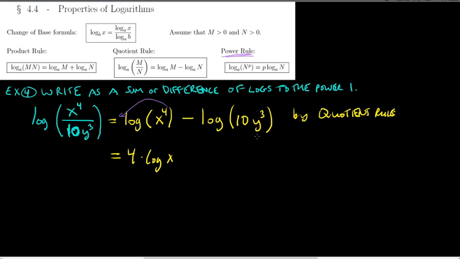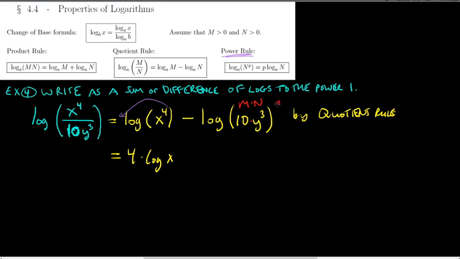Now you might think, well, then I should also bring this 3 in front. No, you can't do that. Not yet. Here's the issue. This is a product here, this is m times n. So we have to use the product rule first. This 3 only goes to the y.